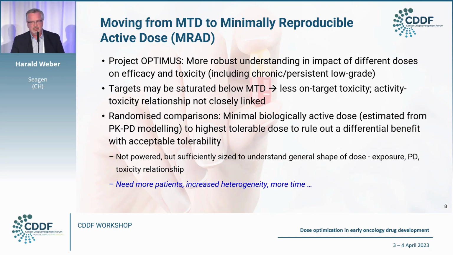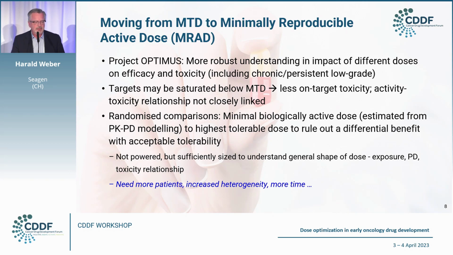And I think it was mentioned also before, for the randomized comparison, the aim should be to identify the minimal biologically active dose and the highest tolerable dose, and maybe some dose levels in between, and then to rule out if there's a difference in the overall benefit-risk assessment to finally pick the most appropriate and most promising dose.